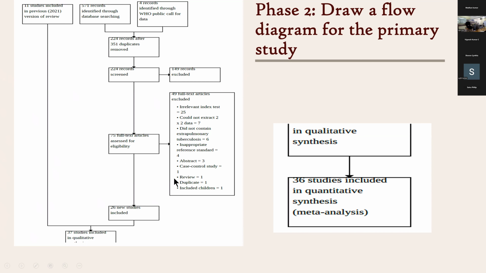These were excluded at the full text screening stage. Finally, they got 26 new studies plus the original 11 from the previous review. They had 37 studies in total for the systematic review, of which 36 had data they could extract and were included in the meta-analysis.